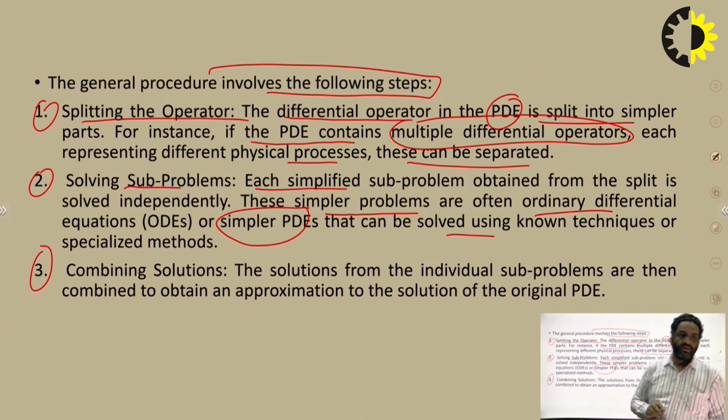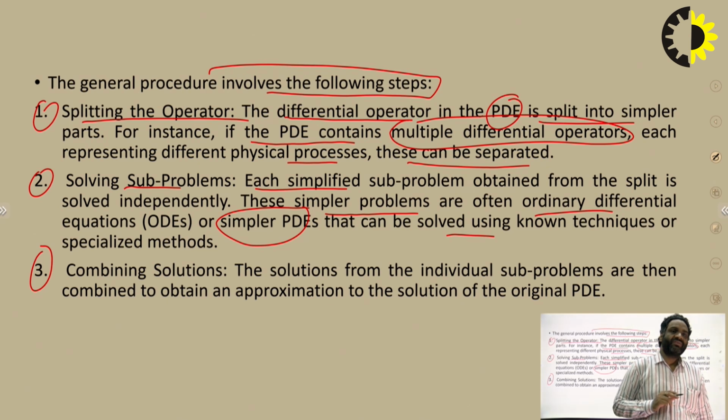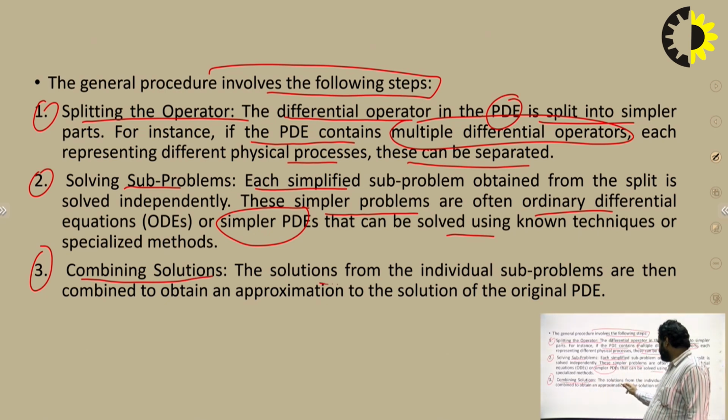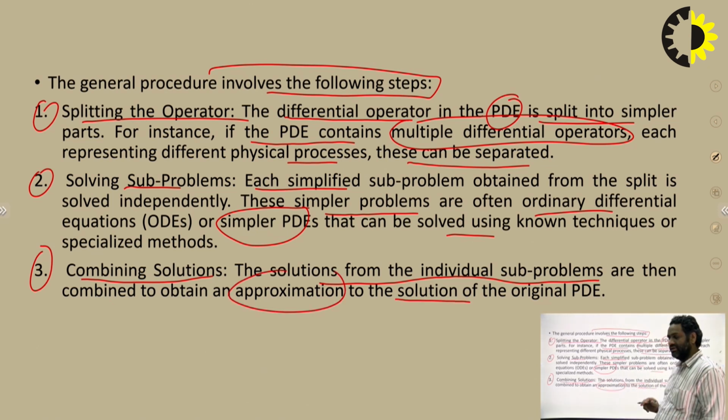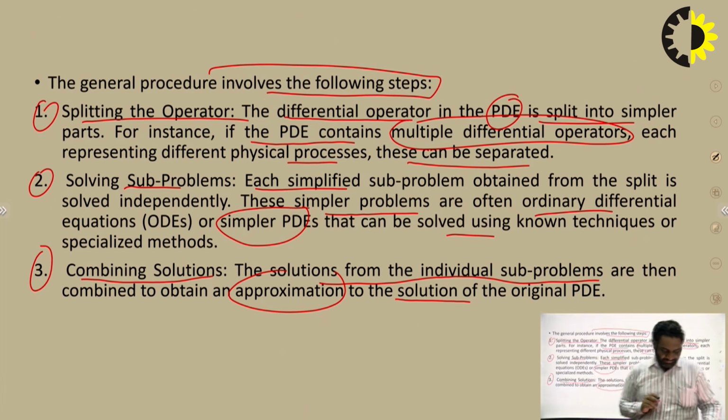Then, after getting the solution of each simpler partial differential equation, we combine the solutions. The solutions from the individual subproblems are then combined to obtain an approximation to the solution of the original complex partial differential equation. This is very similar to the divide and conquer approach.